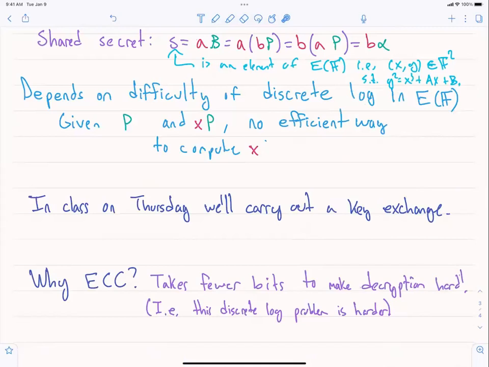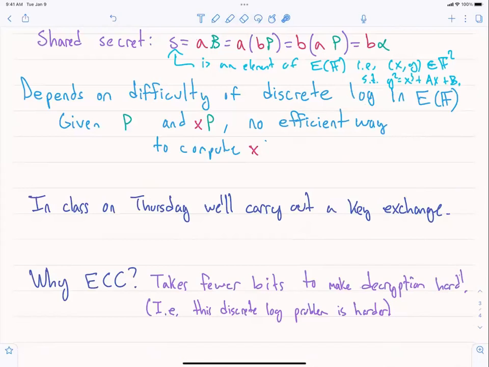It's just better. With elliptic curve cryptography, it takes fewer bits to make the decryption hard. You can think of it like you need to work with a smaller finite field in order for the discrete log to be difficult. The discrete log problem is harder here.